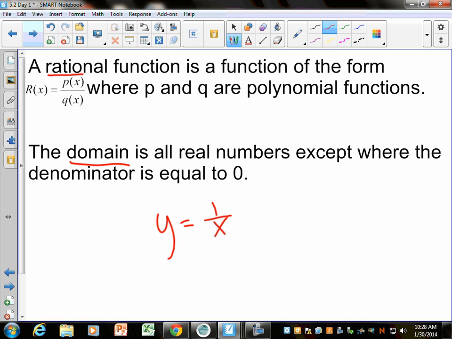But all you have to do is set the denominator equal to 0 and solve it. And that's what your domain can't be. Or maybe your domain, we could say, like, set the denominator not equal to 0. And then that's what x can't be. So when it says find the domain, the top really means nothing in terms of the domain, because the numerator is allowed to be 0, but the denominator isn't. So like half of your homework today is just finding domain. That's good, right? So let's do some.